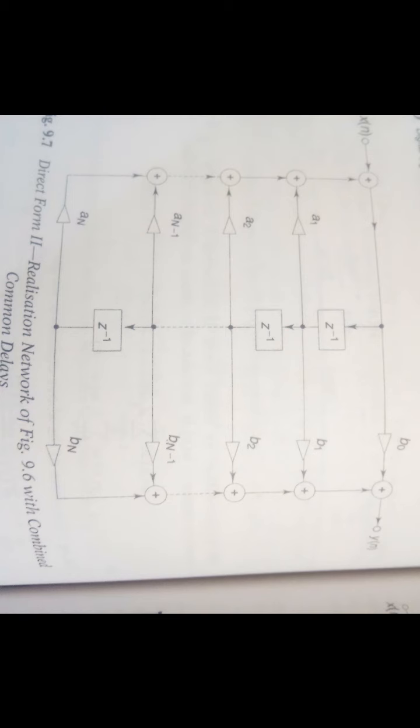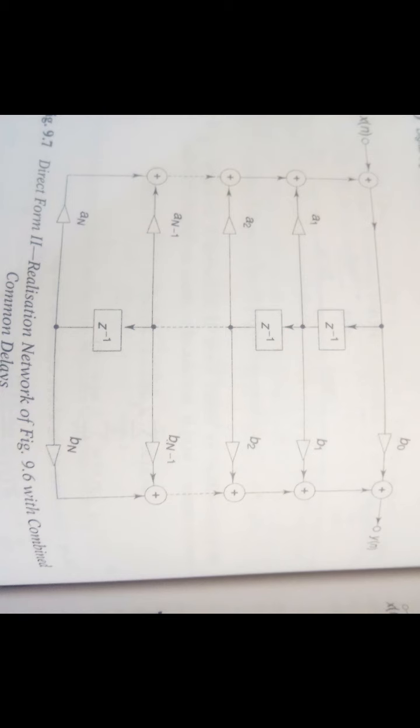We have two drawbacks of direct form 1 and direct form 2. They lack hardware flexibility, and the second drawback is due to infinite precision arithmetic. The sensitivity of the coefficients to quantization increases with the order of the filter.